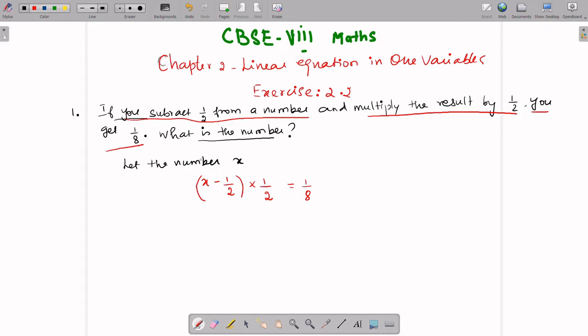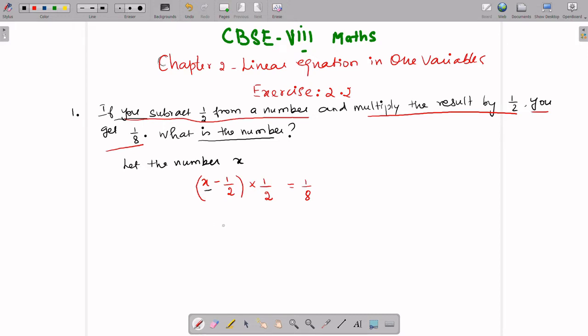The result after subtracting is not known to us and is in algebra, so you have to put a bracket into that multiplication with 1 by 2, which is equal to 1 by 8. Using this equation, we have to find the number x.